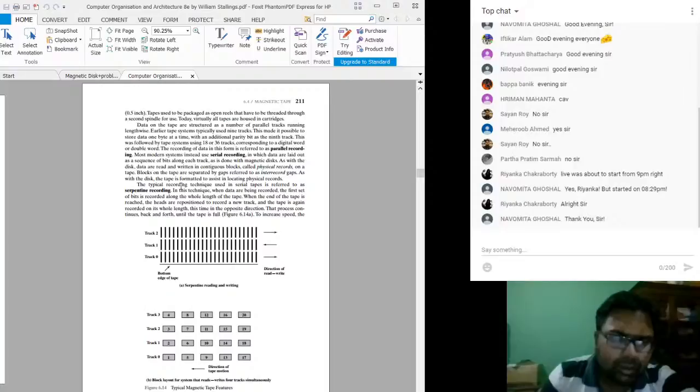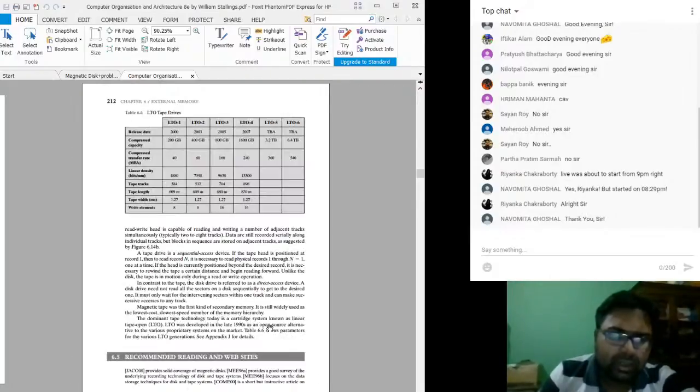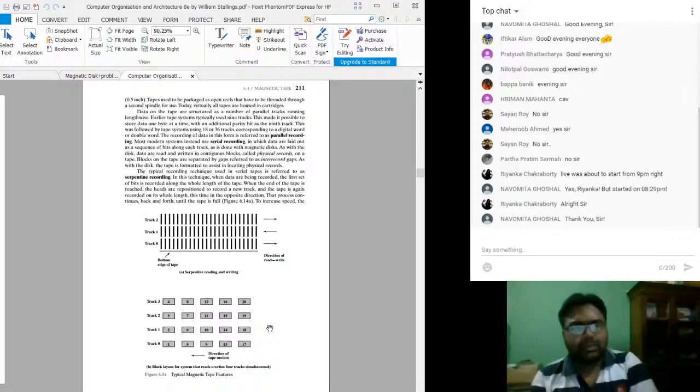And one more thing to remember is that it uses a technique known as serpentine recording. It starts from one end and fills up the entire length of the tape. Next it comes back, starts again from the front end and fills the entire length of the tape. So this is the working procedure for your magnetic tapes.